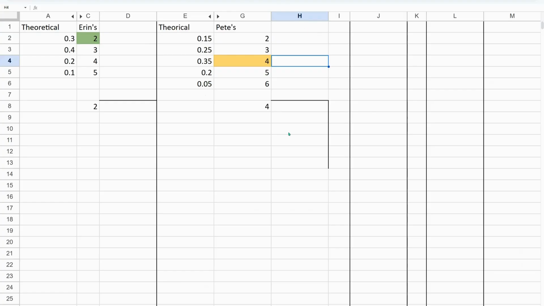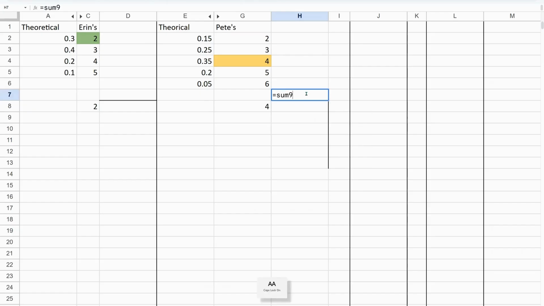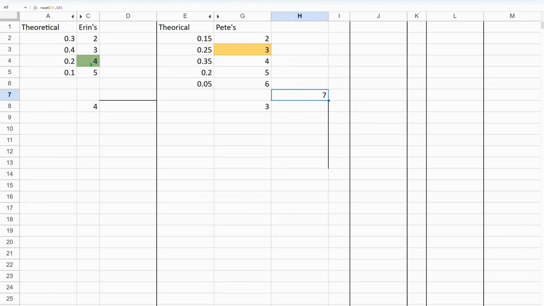And of course, what we could do for any of these days is add up the sum of those two outcomes, the 2 for Erin and the 4 for Pete. Oh, sorry, I need to make that text visible. All right. That time, Erin had 4, Pete had 3, they're combined to 7.